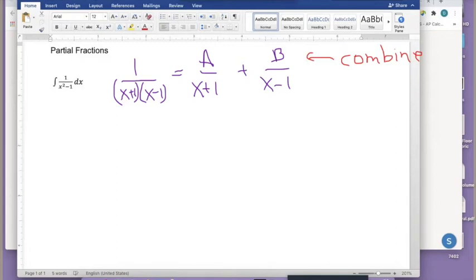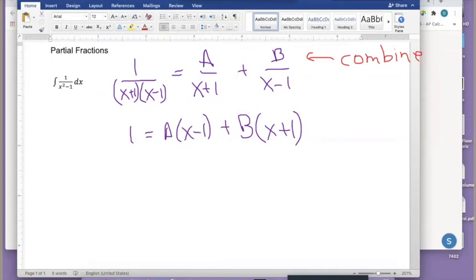We would multiply the A by x minus 1 over x minus 1, and the B times x plus 1 over x plus 1. Then everything would have the same denominator. Our analysis is going to focus just on the numerator. So we've got 1 equals A times x minus 1 plus B times x plus 1.